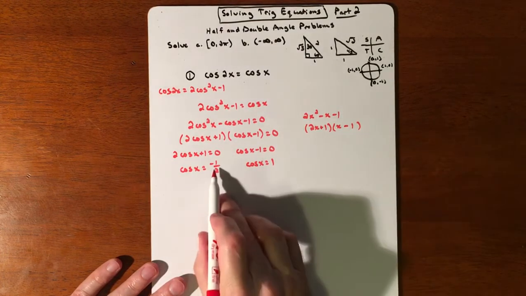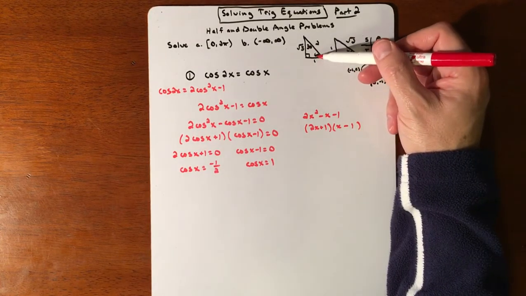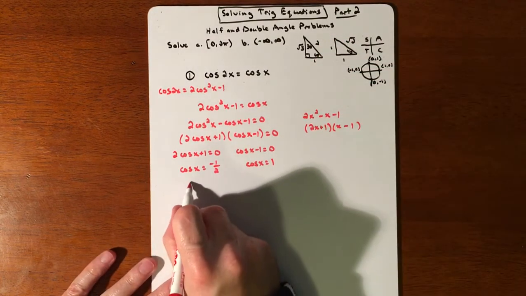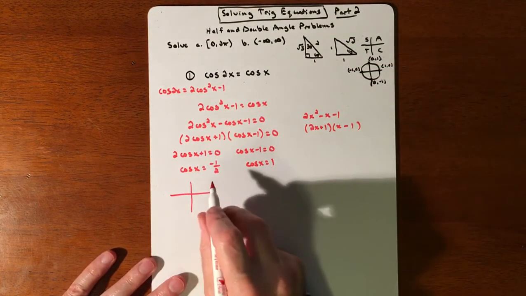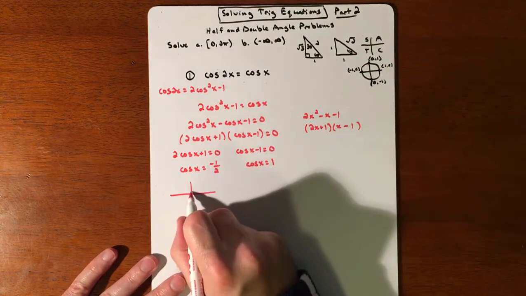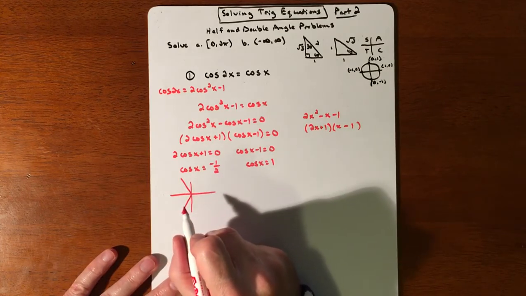All right, so a triangle that has a 1 and a 2 in it, that's going to be our 30, 60, 90. So cosine of 60 is going to be 1 over 2. We're talking about a 60-degree reference angle, and we need cosine to be negative, which are these two quadrants. So we're looking at a 60-degree reference angle here and a 60-degree reference angle there.